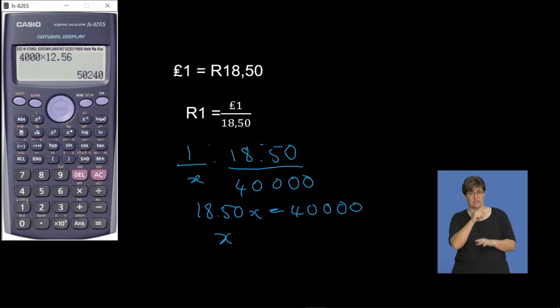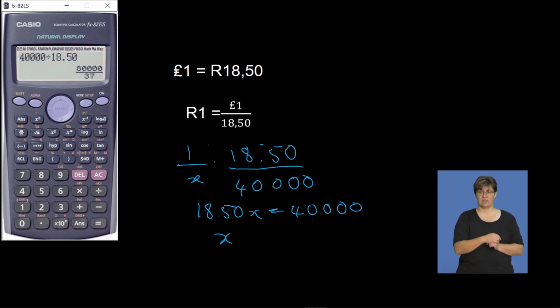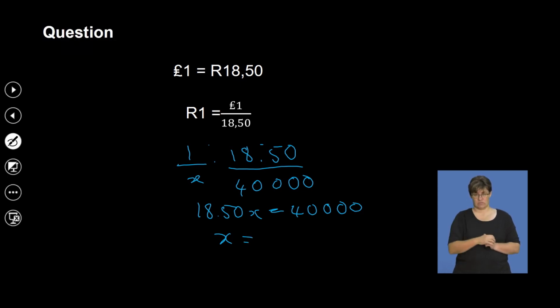So I will say 40,000, this is in rands, I divide it by the other rands, which is 18,50, and this will give me 2,162 pounds. But remember that our pounds, it's normally something of that nature in terms of the symbol. I hope my symbol is quite clear there.